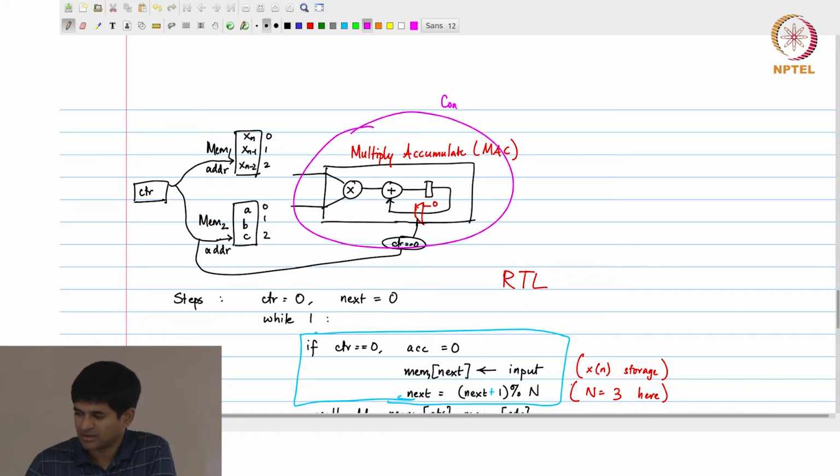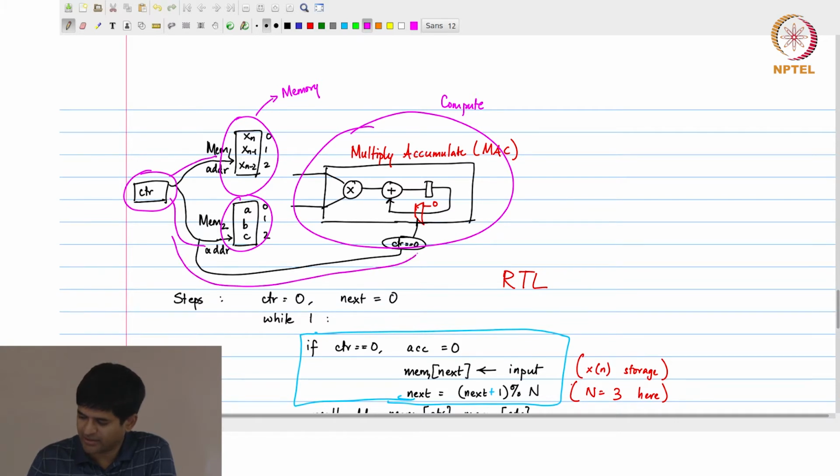This was compute, this was memory, and this along with the wires etc. that it involved is what? Control.